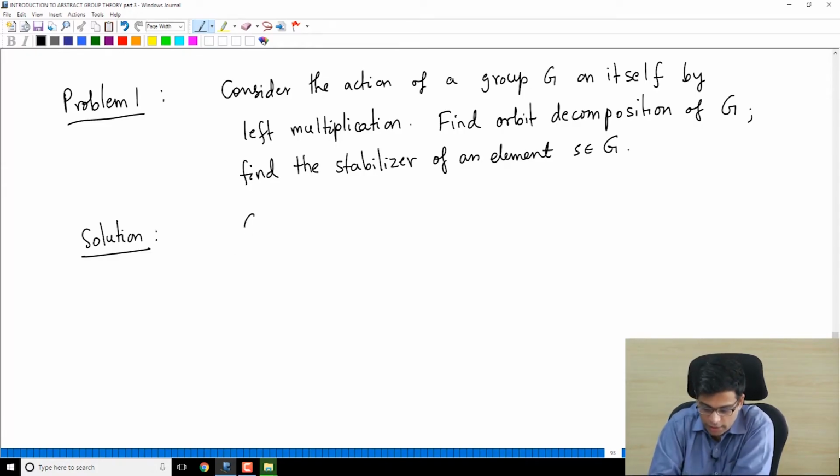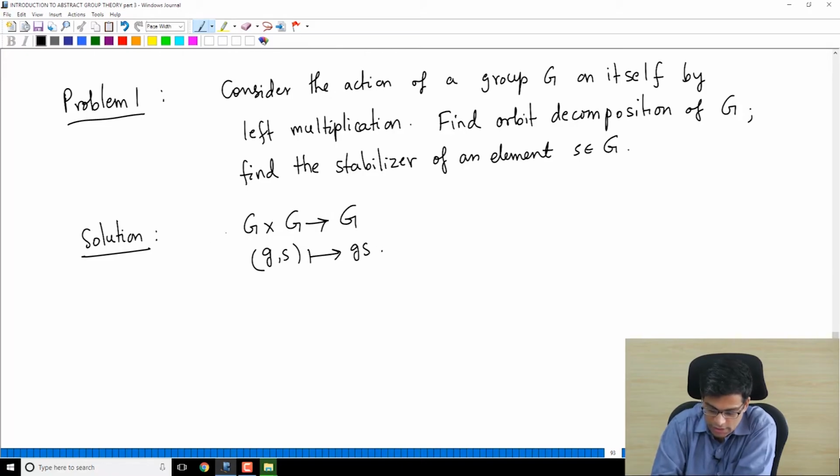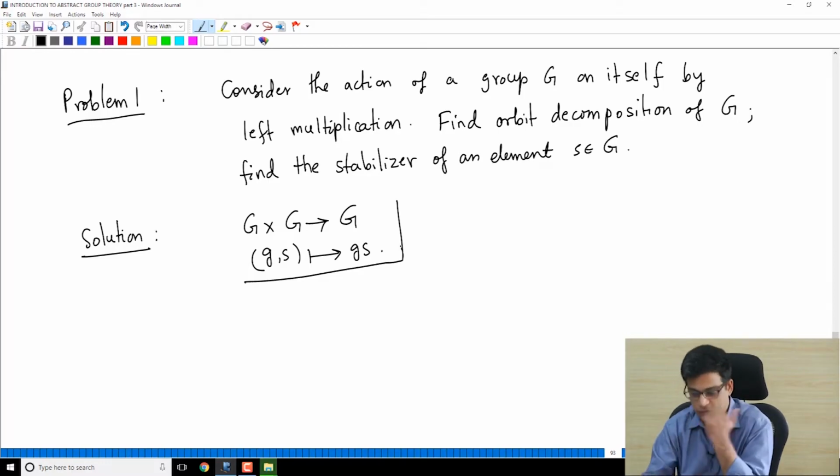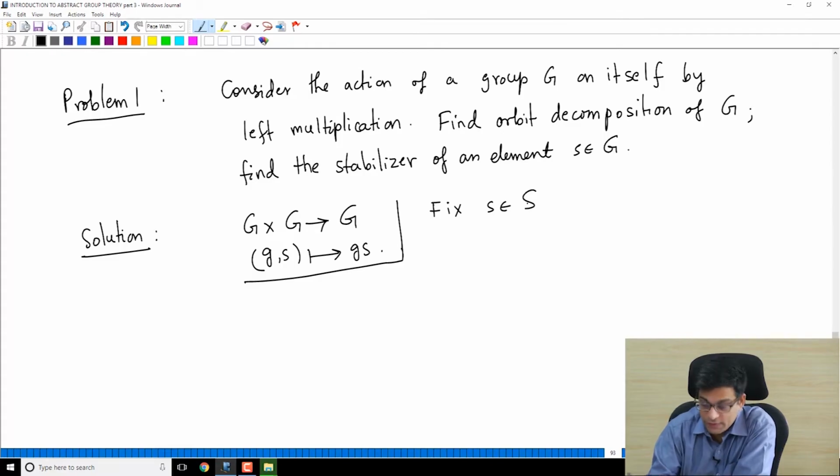So recall that here the action is given by left multiplication, (g, s) maps to gs, right? So this is the action. Let's first compute the orbit of an element. In order to find the orbit decomposition, let's start with finding the orbit of a single element.